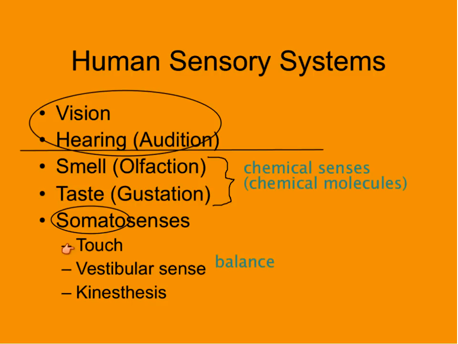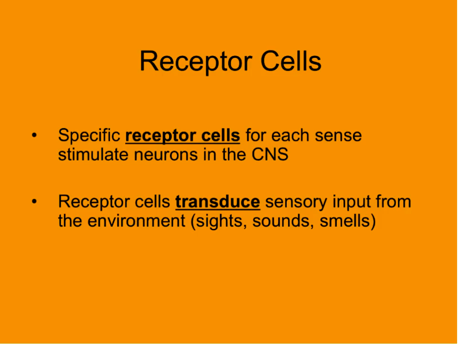And the major unifying concept for these senses is the idea of receptor cells. So let's talk about receptor cells. Receptor cells are cells that are specific to each sense that stimulate neurons in your central nervous system. Okay?